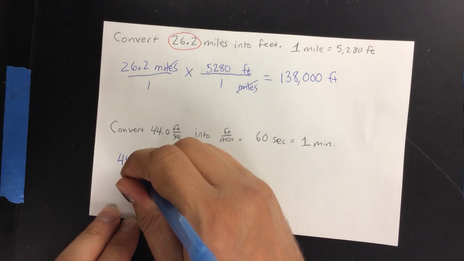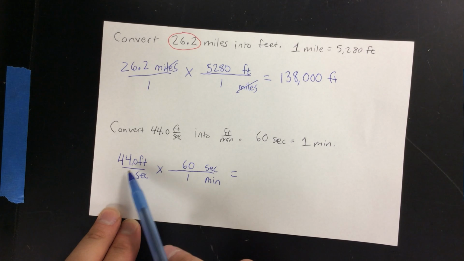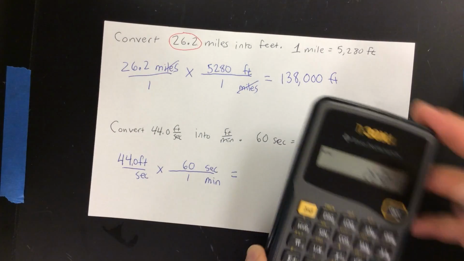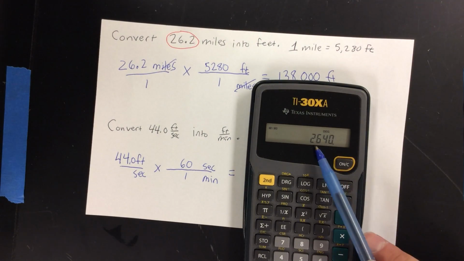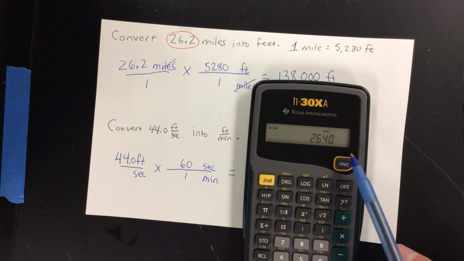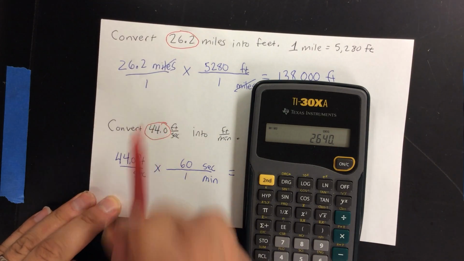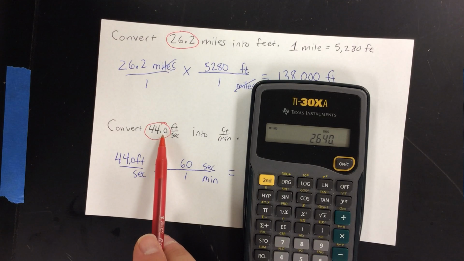So now we take our calculator and we multiply 44.0 by 60. And when we do that, our calculator says 2,640. Now 44.0 has 3 significant figures. Remember, this 0 is significant because it's a 0 after the decimal point that would not be needed to account for a place value.